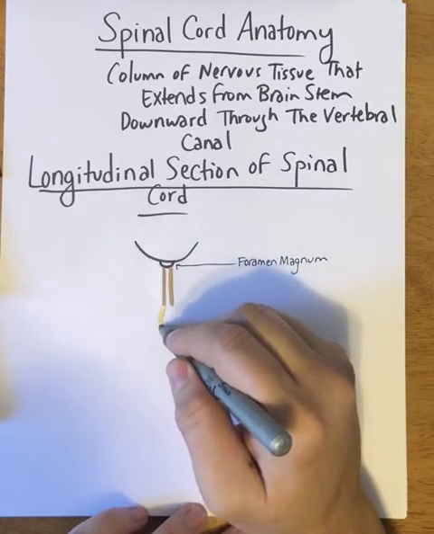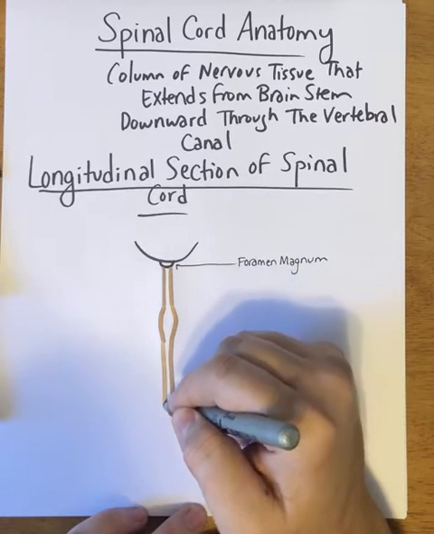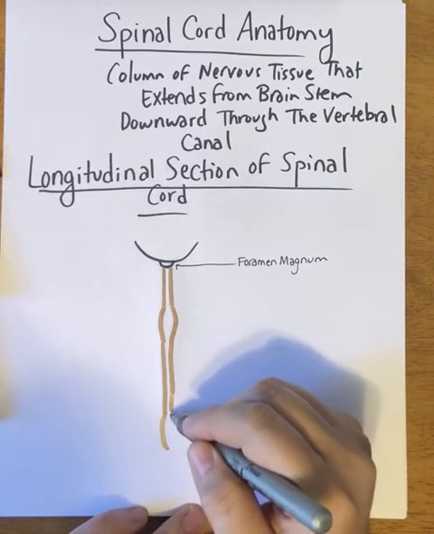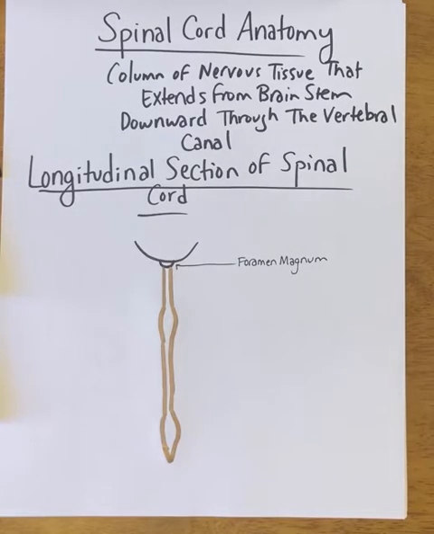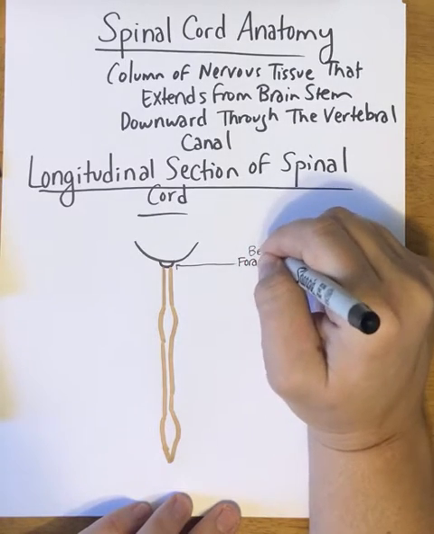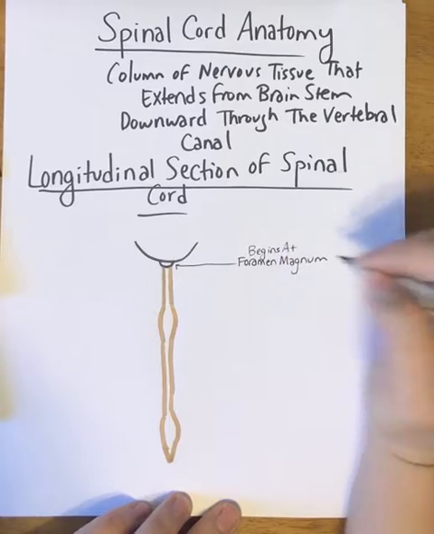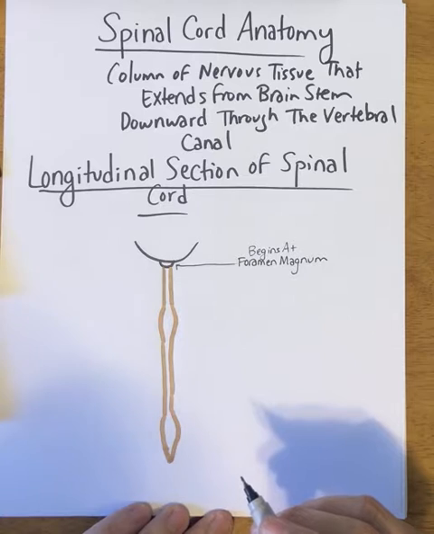and then it has an enlargement, and then it continues down, and then it has an enlargement, and then it ends, and it ends at a cone shape. So when we look at the spinal cord, we basically can look at it and we can say that it exits the foramen magnum, or begins at the foramen magnum, and it's going to end at the first or second lumbar vertebrae.